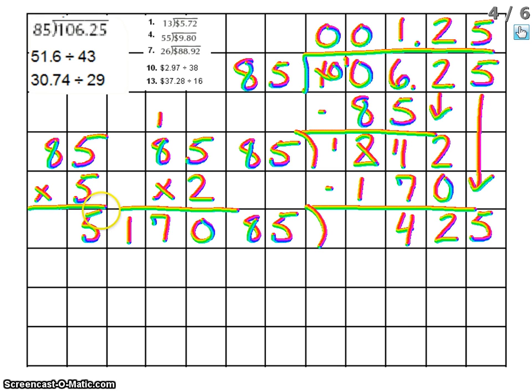Put my 5 here, carry the 2. 5 times 8 is 40, plus 2 is 42, for 425. Write that underneath here. I'm going to subtract. 425 minus 425 is 0. Remember our key tip, whenever we're dividing with decimals, we cannot have a remainder, and we do not have a remainder. So I have 106 and 2500ths divided by 85 equals 1 and 2500ths.